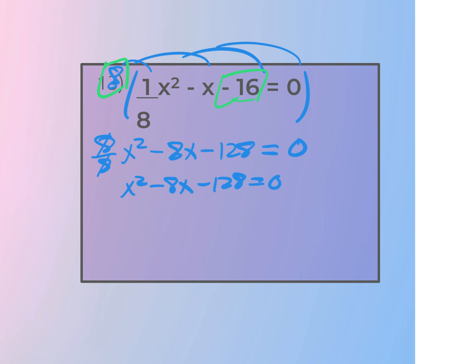So now you know that 8 and negative 16 are factors of negative 128. Do they add to negative 8? Yes, they do, right? So you want to group, right? Do x plus 8, x minus 16 equals 0. And now we just solve as normal, right? Zero product property, x plus 8 equals 0, x minus 16 equals 0, right? So then x should equal negative 8, and then x equals 16.